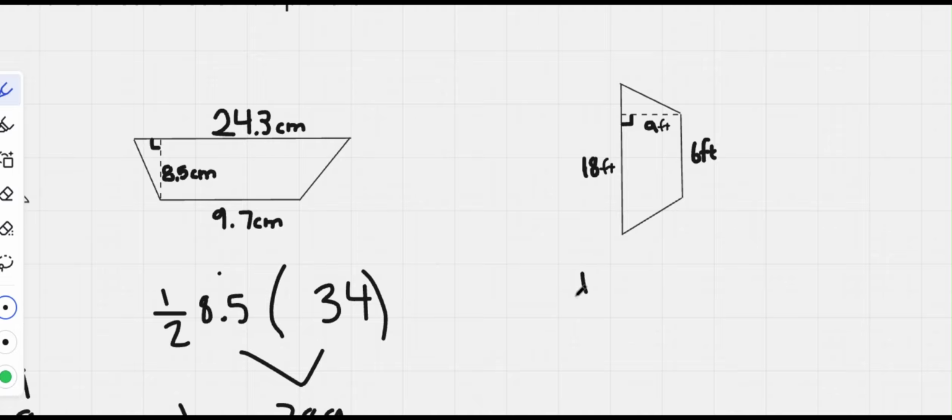So we're going to have 1/2, and the height is always perpendicular with the 2 bases, times 9, times 18 plus 6, and 18 plus 6 is 24.